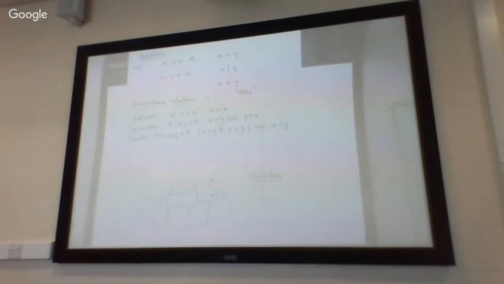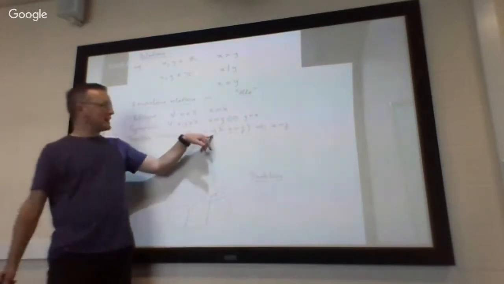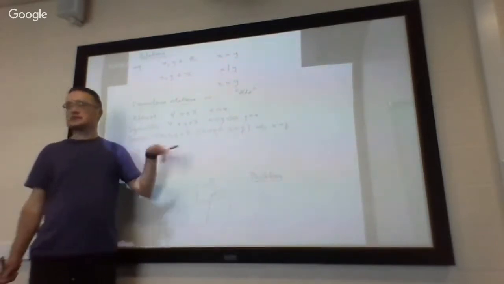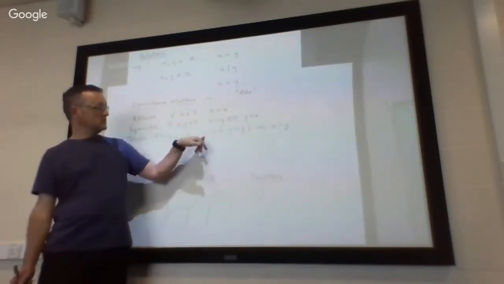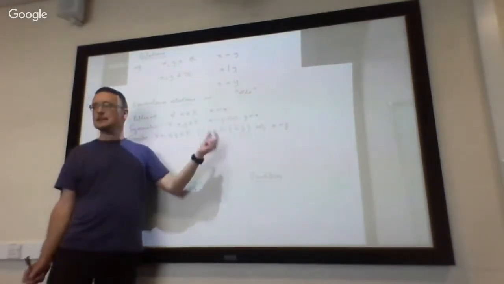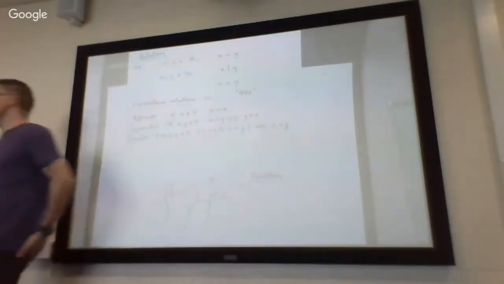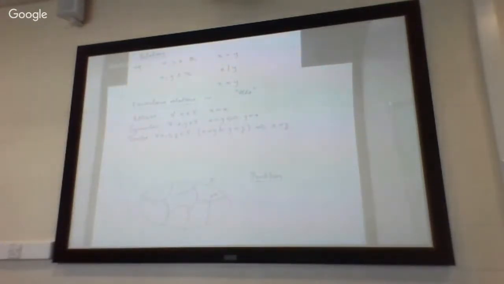So this says the relation tilde is transitive. The relation travels through intermediates. Y here you could call an intermediate between X and Z. If X is related to Y and Y is related to Z, then X is related to Z.